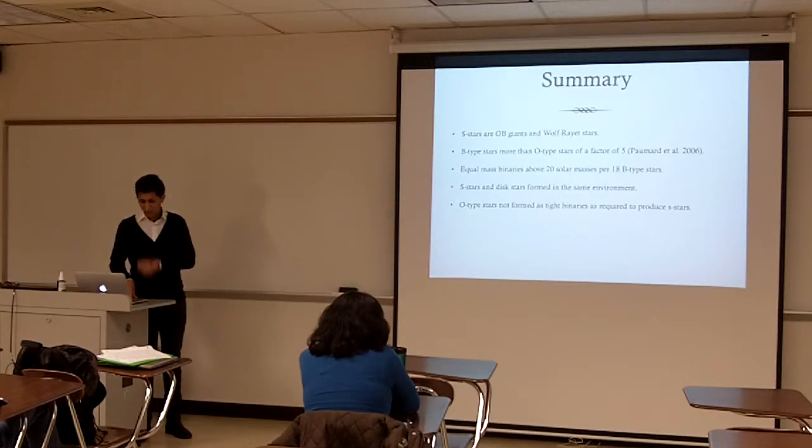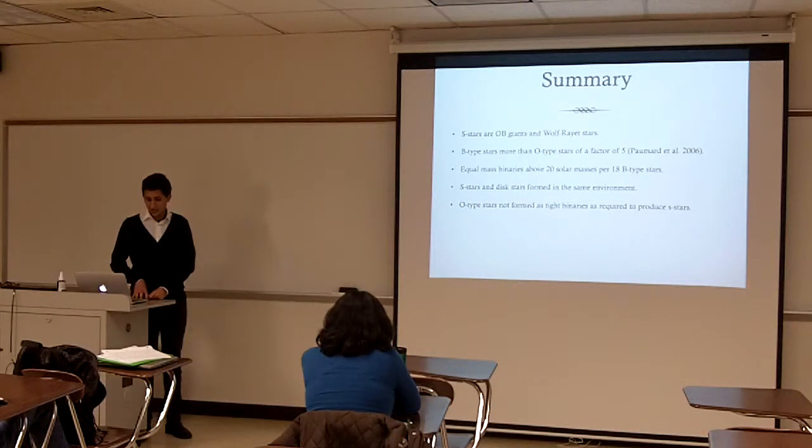The equal mass binaries have a mass of 20 solar masses, which they believe means the S stars and the disk stars formed in the same environment.